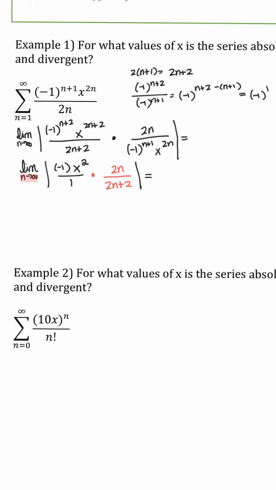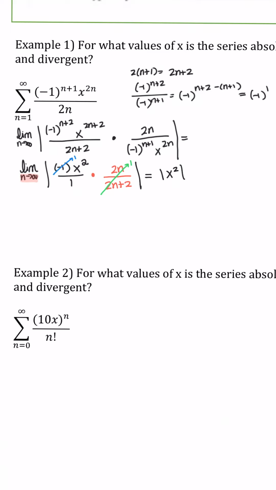It's going to be left over. So when I take the limit as n approaches infinity of 2n over 2n plus 2, I would get 1. I know that the absolute value of negative 1 is just 1, so therefore my limit is just the absolute value of x squared, and that is all that's left.